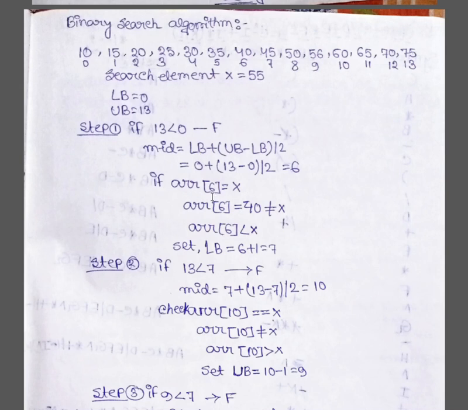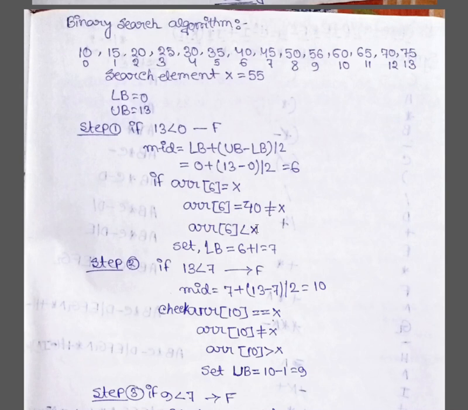If the array at the middle position, index 6, is our required element or our searching element, then it will definitely show me the output.